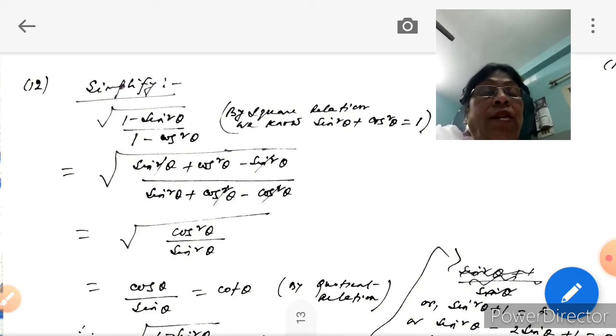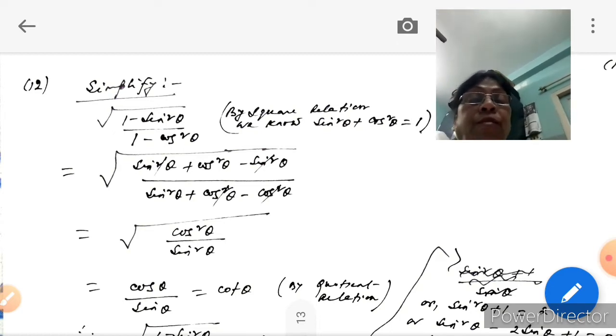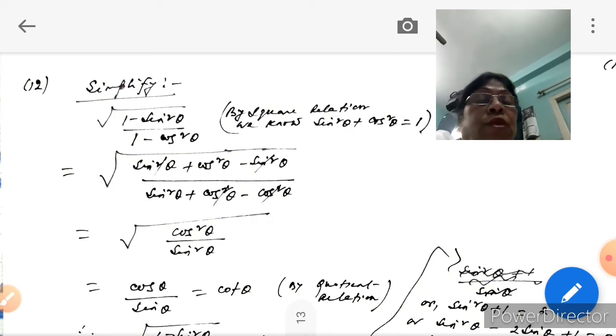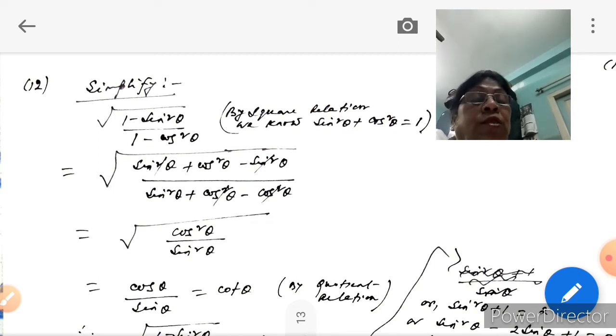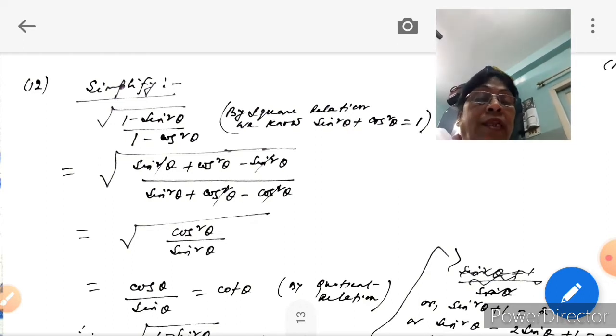So, by square relation we know sin square theta plus cos square theta is equal to 1. So, root over sin square theta plus cos square theta minus sin square theta, and instead of 1 we use sin square theta plus cos square theta. So, sin square theta plus cos square theta minus sin square theta, by sin square theta plus cos square theta minus cos square theta.